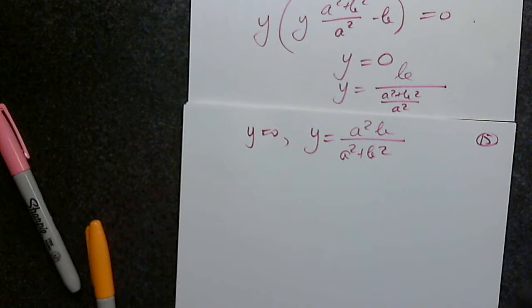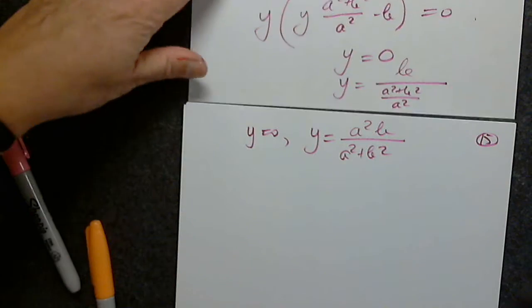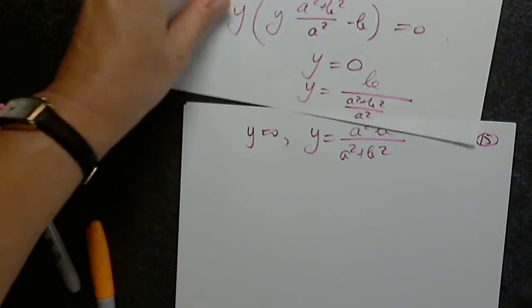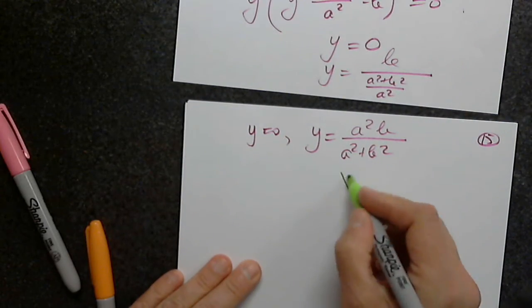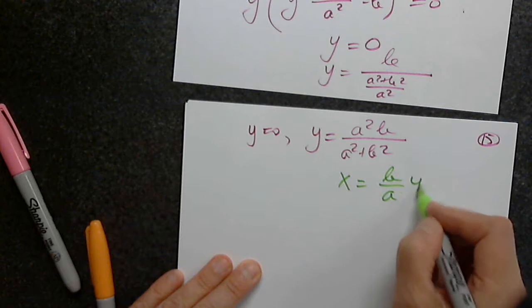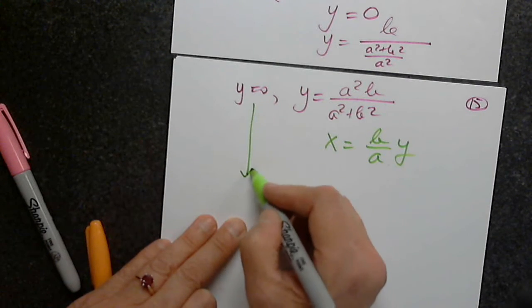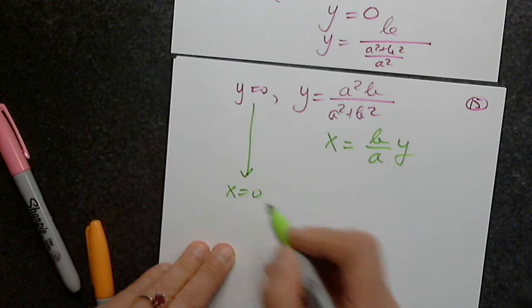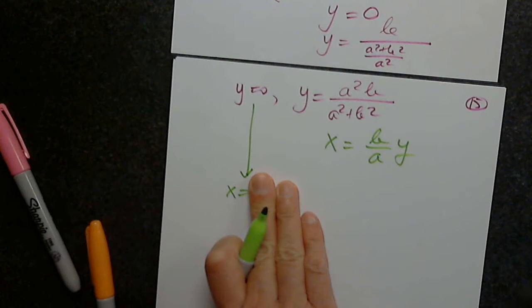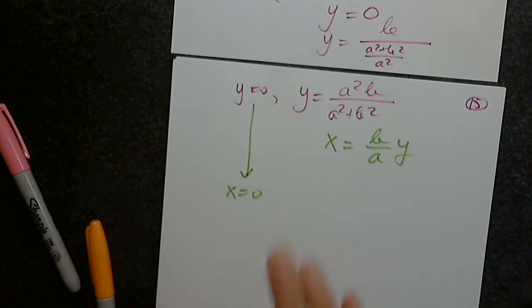If I got two values of y, most probably I'll get two values of x. And let me copy this. x equals b over a times y. So when y is 0, how much is x? Very good.